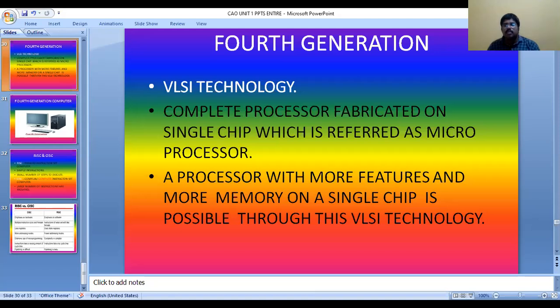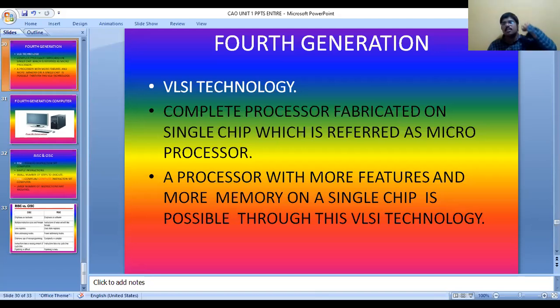Okay, so why I am specifying this is, if you observe now in the fourth generation, the entire microprocessor is being fabricated on a single silicon chip. So this is a silicon chip where our microprocessor has been fabricated. So that is the advanced technology, due to these very large scale integrated circuits, VLSI technology, which is the fourth generation as per this textbook.